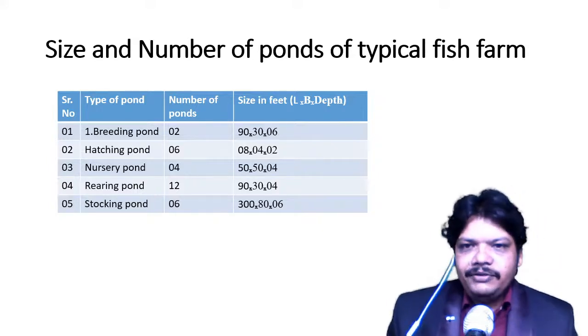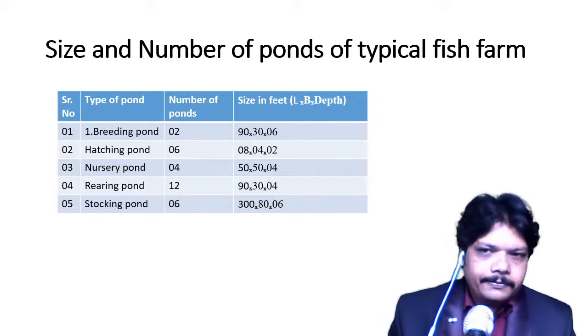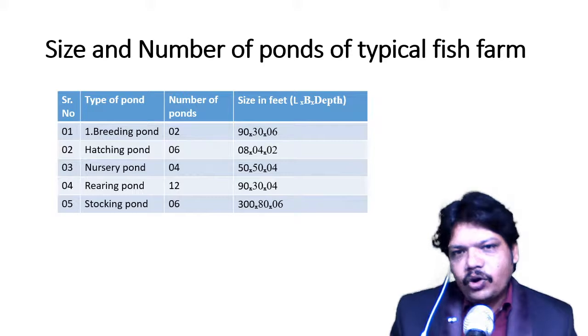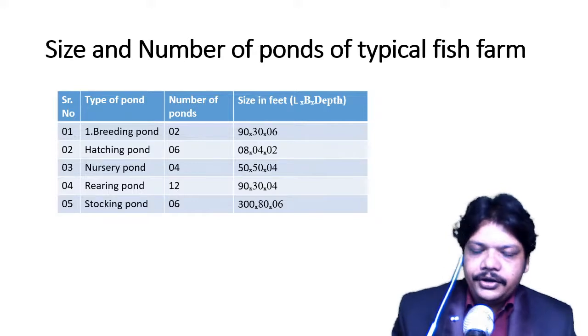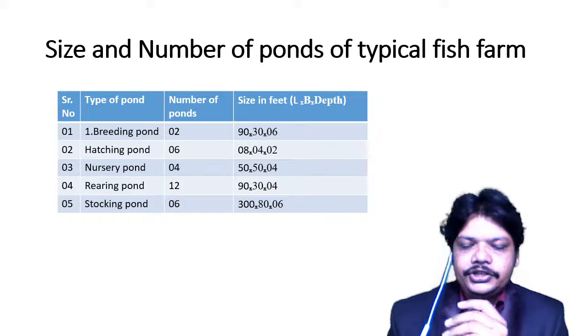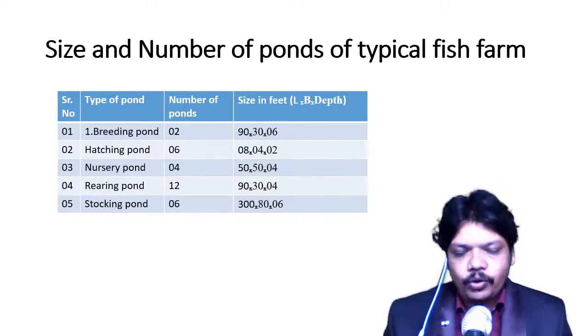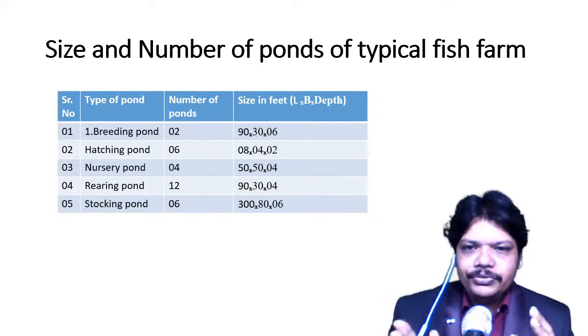We can get some information here: there are 5 types of fish ponds. Every fish pond has its own function, and as our fish seed grows, we have to change the fish pond. So in the beginning we are going to see the breeding pond.